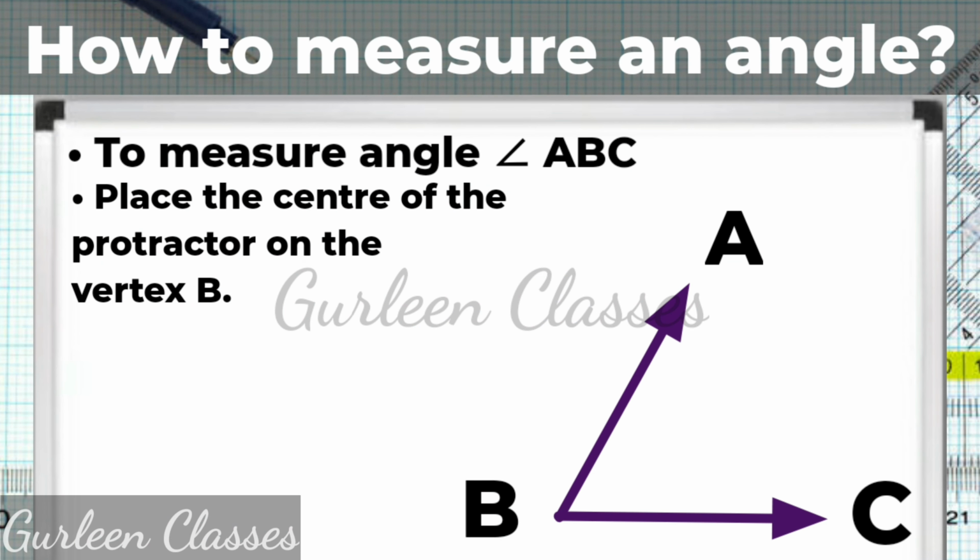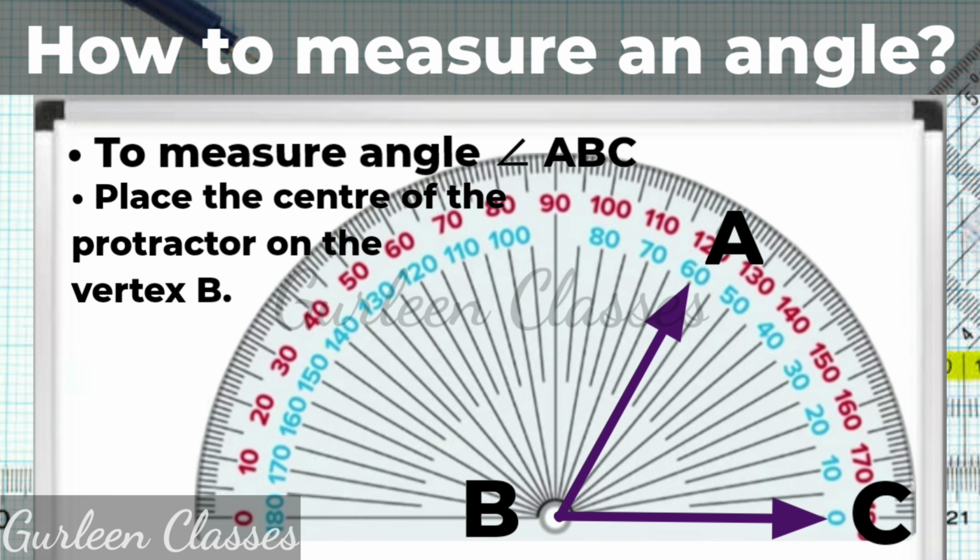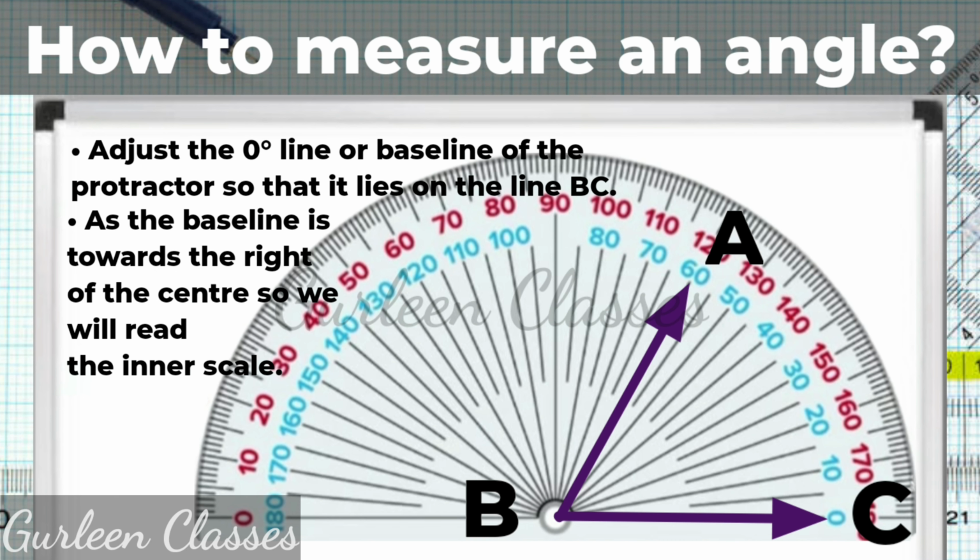Next is how we can measure an angle. To measure this angle ABC, we will place the center of the protractor on the vertex B. Then adjust the 0 degree line or baseline of the protractor over line BC of angle ABC.